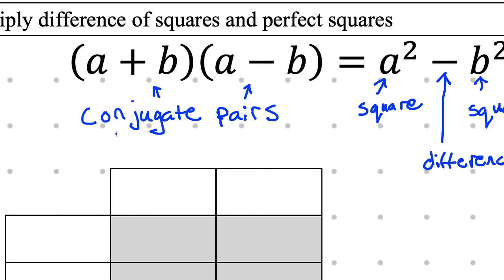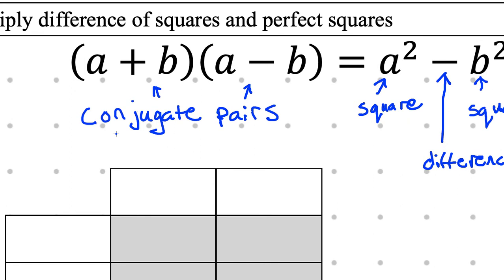My left sock will have a plus sign in between, my right sock will have a minus in between. It doesn't really matter which sock goes where the minus sign and the plus sign goes. I can just switch them and they're still the same thing, but the main thing is they're the same exact numbers. First and first number are the same, second and second number are the same. The only difference is one has a plus, one has a minus. Those are conjugate pairs. Question?